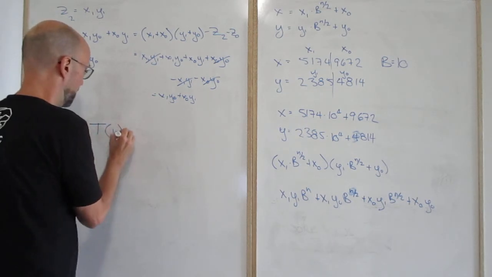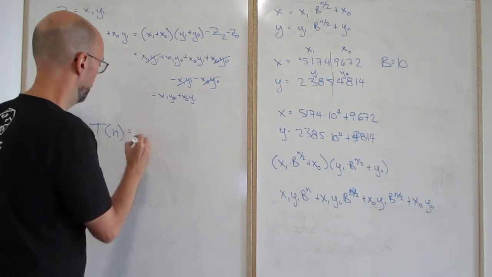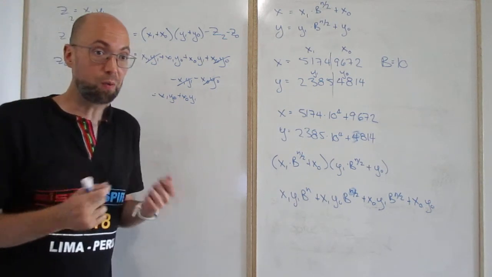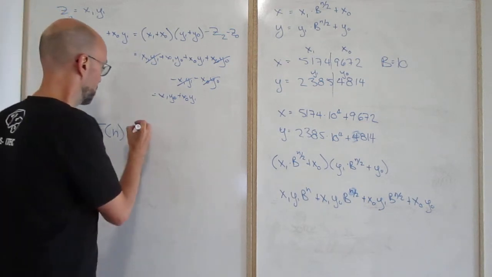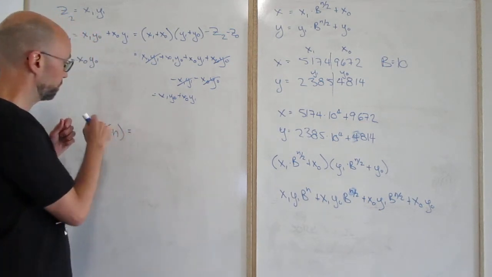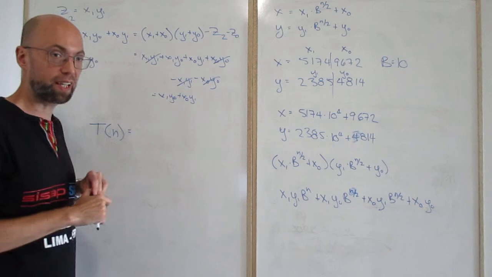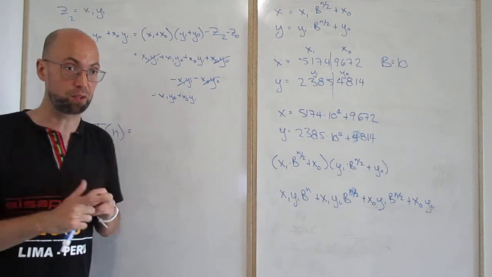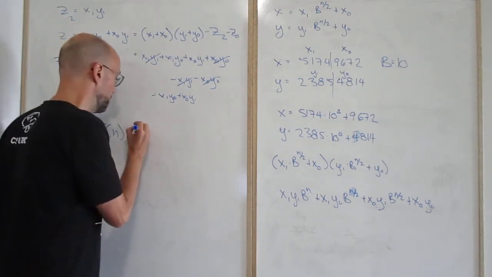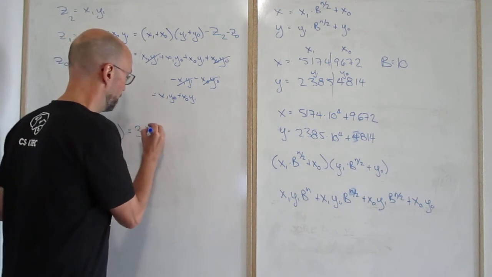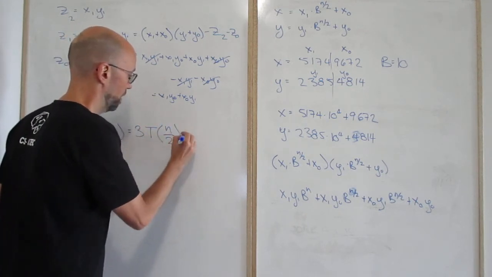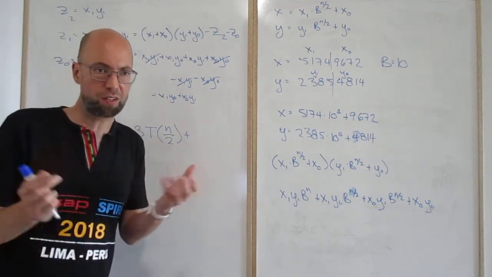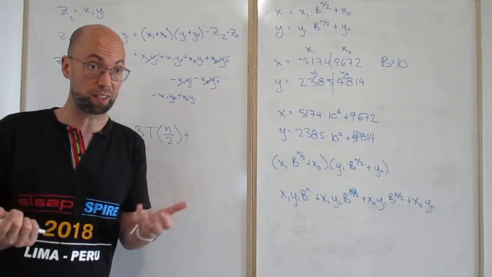So T of n equals, well, what is the recurrence? The time for doing this multiplication: instead of one multiplication of 2 n-digit numbers, we're going to do 3 multiplications of n over 2-digit numbers, plus a bunch of additions and subtractions which take linear time.